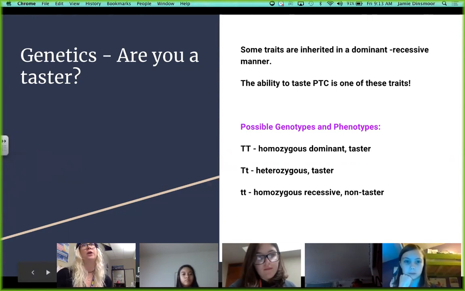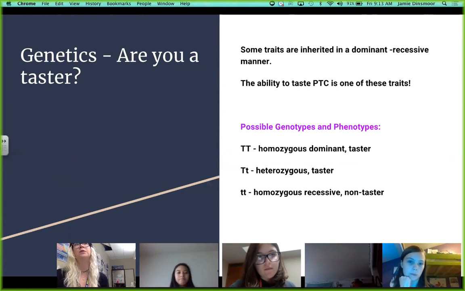You could also have traits that are controlled by multiple genes. So for example, eye color, controlled by many genes. Height, controlled by many genes. So there's no way to easily predict. That's why if you have tall parents, you might not be tall, because that trait of being tall is not expressed by just one gene. It's many, many genes working together. So that's when it can become super blurry.